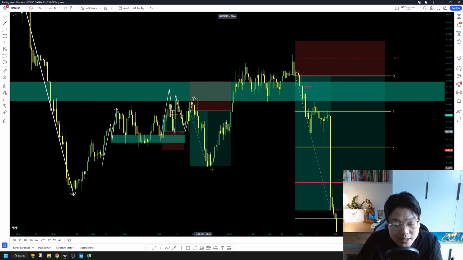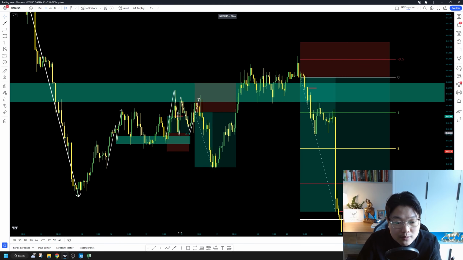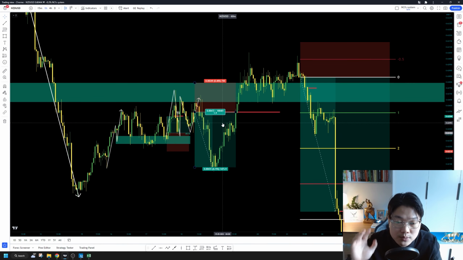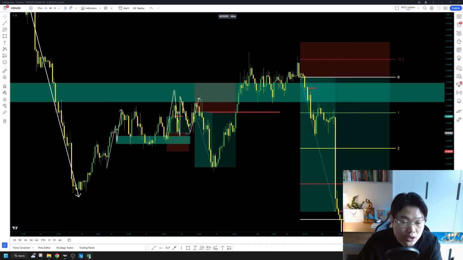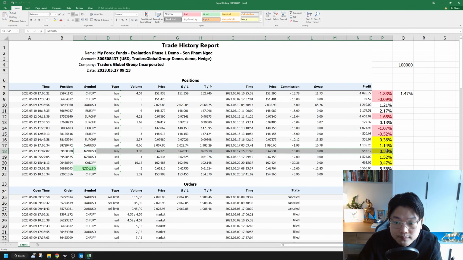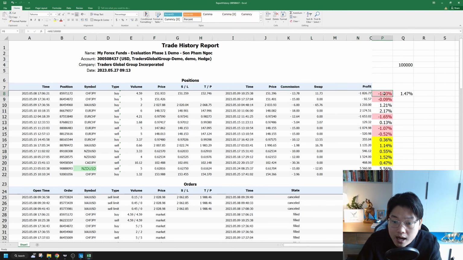But actually, after I take profit I am still waiting, because right here if I trade for profit, I need to move my stop loss from this level to this level. It means that my trade comes to break even, and you can see right over here the trade for the New Zealand dollar right over here, the trade right here, and my whole trading profit from the first day of the month until here.